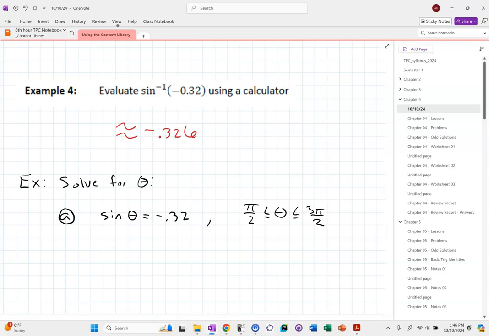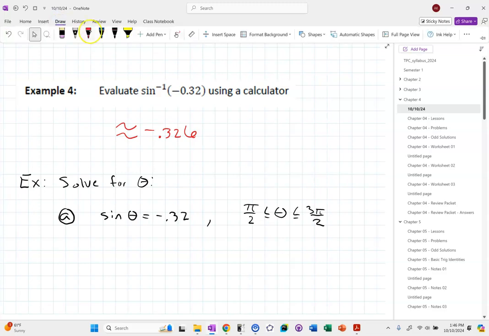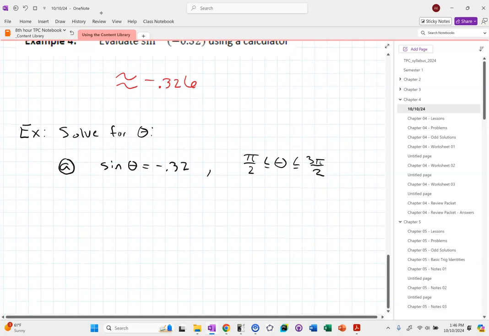So here it says solve for theta, and we have sine theta equals negative 0.32, and our answer for theta needs to lie between pi over 2 and 3 pi over 2. So what we're going to do is start by drawing a picture of what our solution is going to look like.